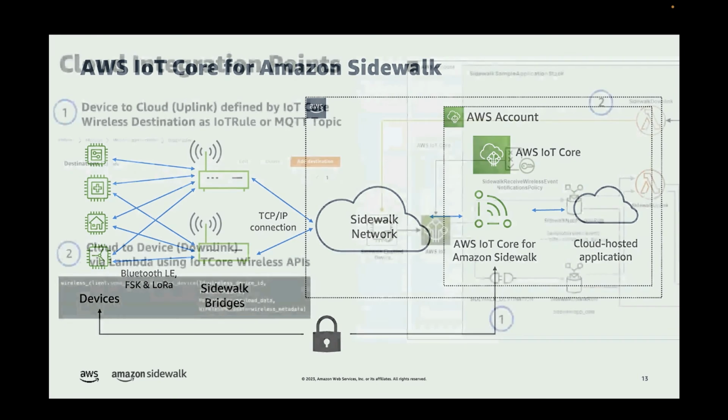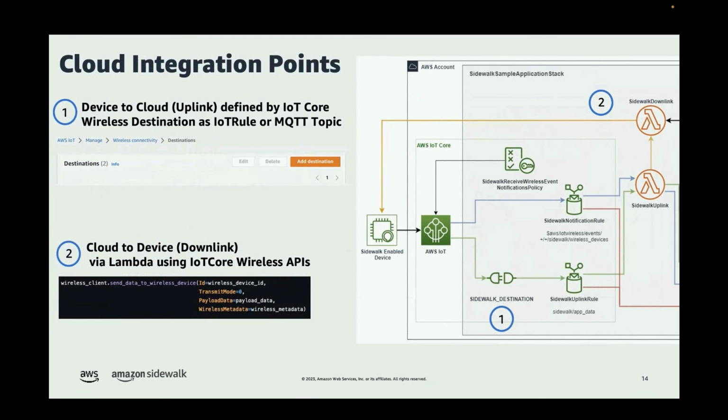Now, I want to talk a little bit about the cloud integration points. Again, it's non-IP, so what does it look like in IoT Core? How do you control the message routing, and then how do you enable bidirectional communication to these devices? It's done in a couple of key points.